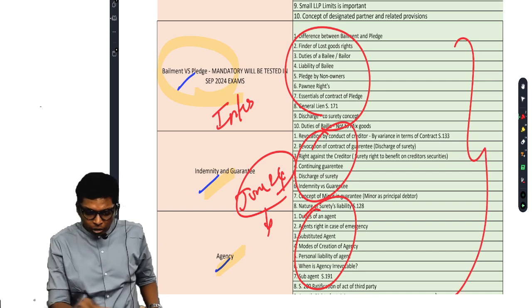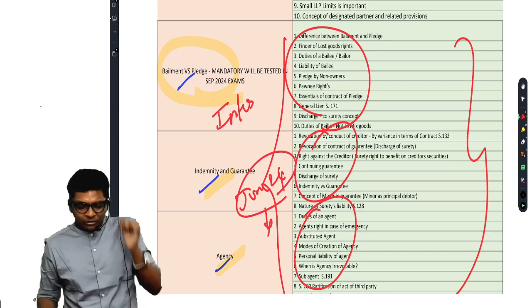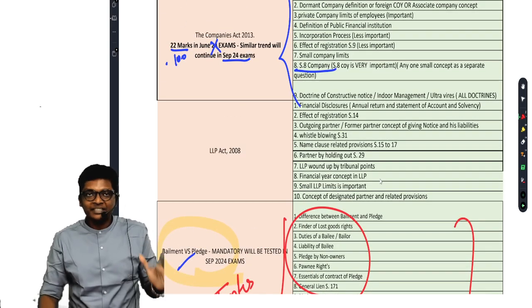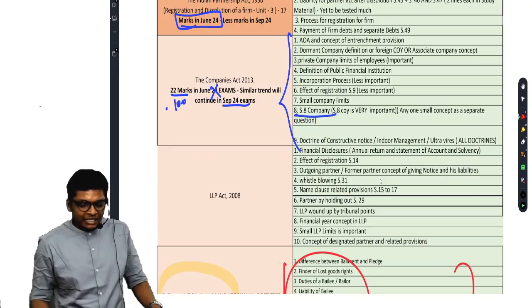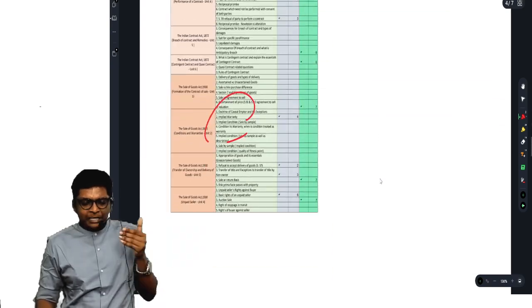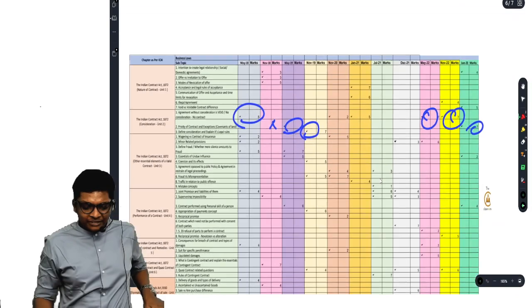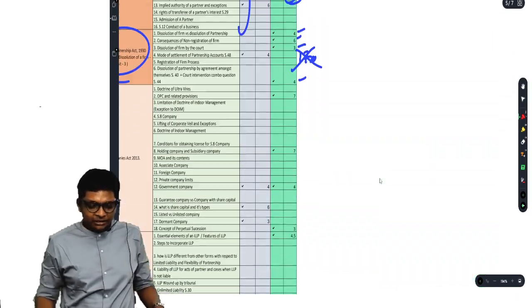That means these concepts I wrote here were previously tested in CA Inter. Now that the syllabus has come to Foundation, they will test it in Foundation also. Like this, we have done chapter wise trend analysis comparing with the last 2 attempts and also parallelly comparing with the last 8 attempts.